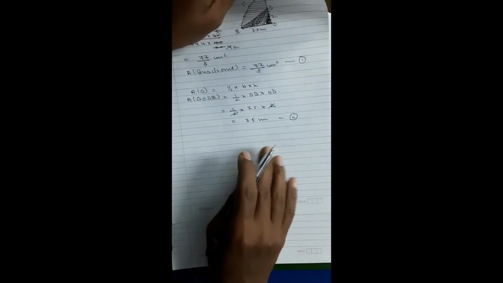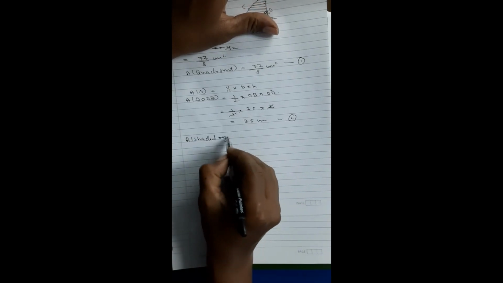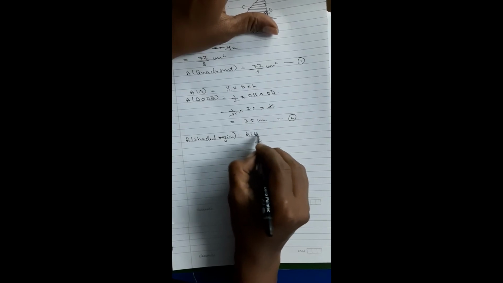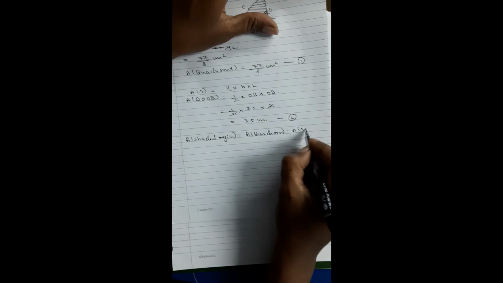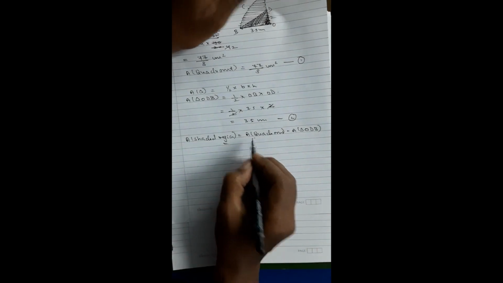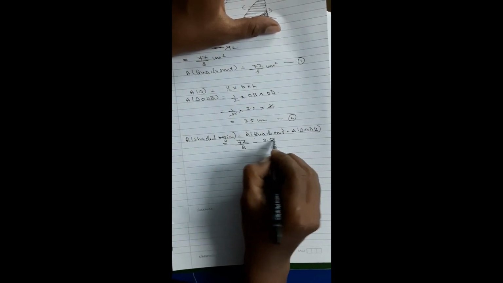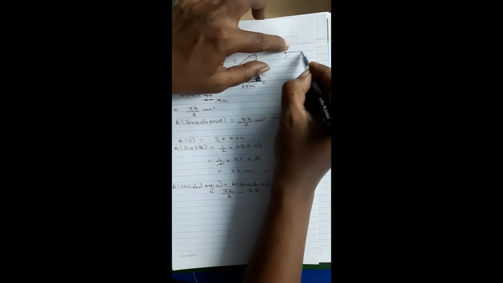Now you can write area of shaded region is equal to area of quadrant minus area of triangle ODB. Area of quadrant is 77 upon 8 minus 3.5. I can do one thing, 77 I can divide by 8. 8 9s are 72.